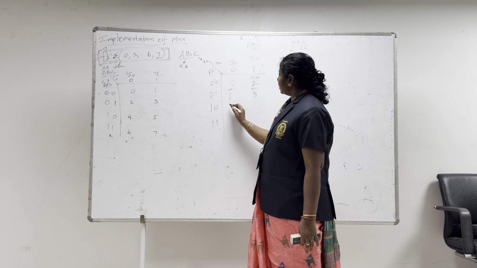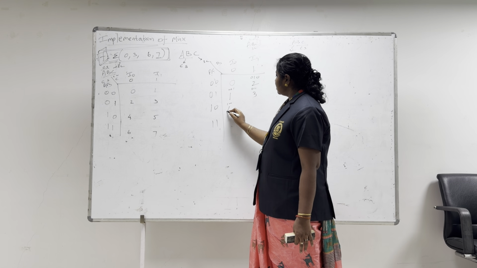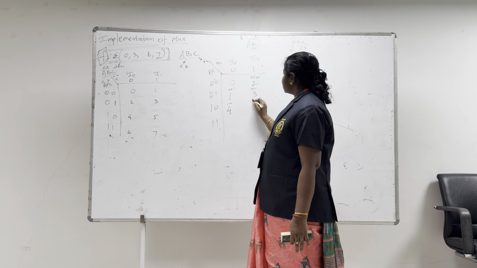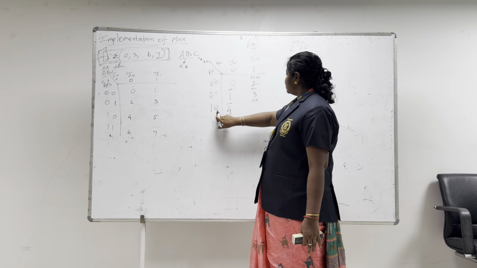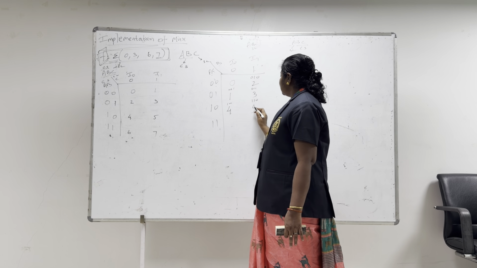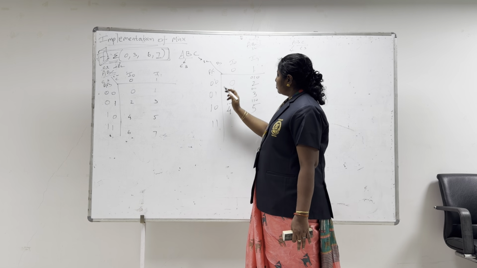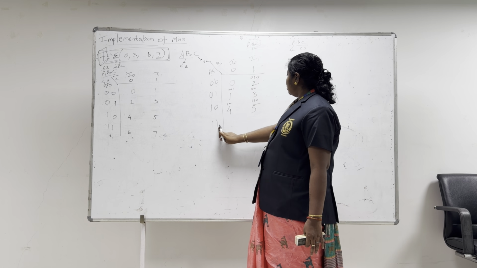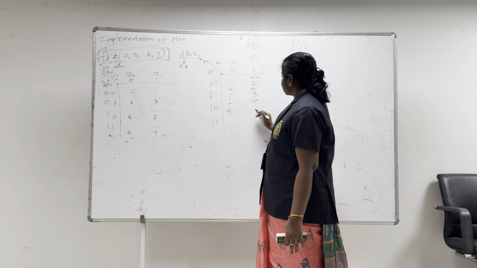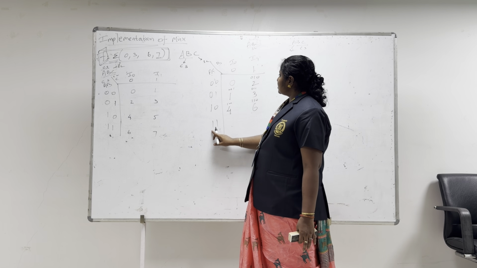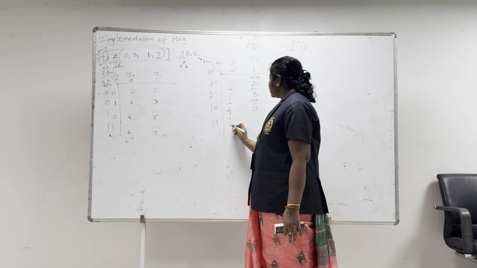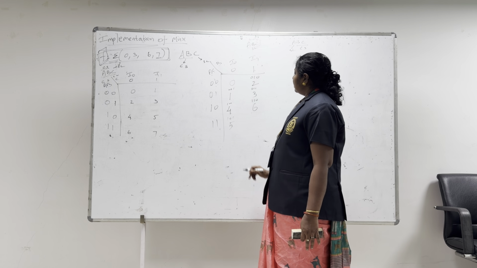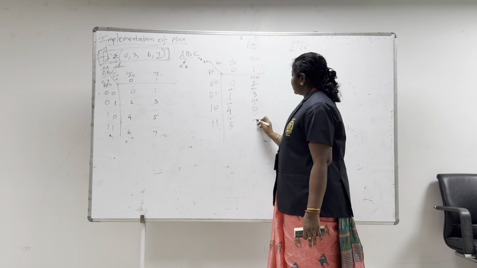Here it is 1 0 0, it is 4. Here it is 1 0 1, it is 5. Here it is, sorry, 1 1 0, it is 6. Next it is 1 1 1, which is nothing but 7.